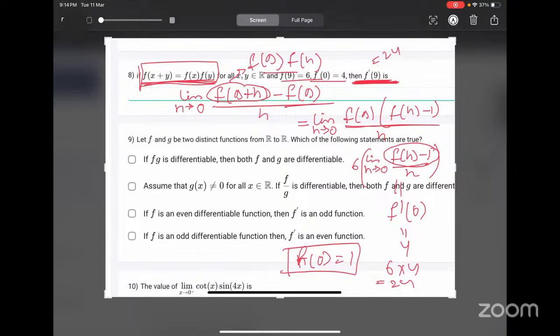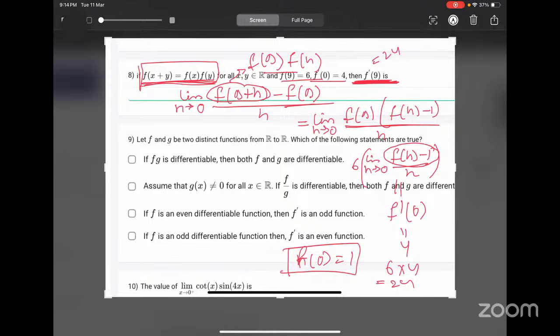Sorry. No, madam. What I'm trying to say is f of h minus 1 by h is there. So when h tends to 0, the denominator also becomes 0. Since the limit is defined and it's differentiable, it cannot be infinity. Some real number by 0 is not defined, so the limit would not be defined.